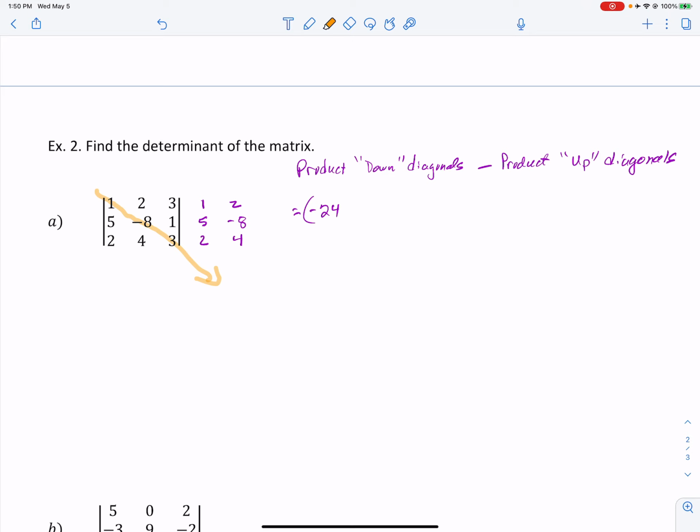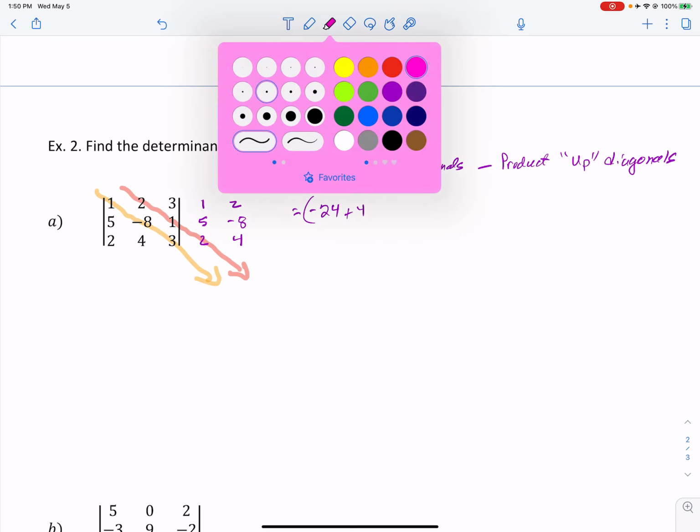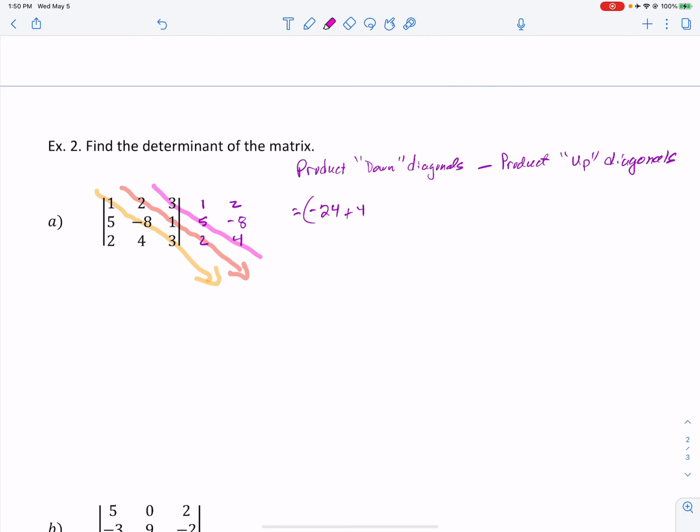Then we take the second down diagonal, the product of those 3 numbers, 2 times 1 times 2, which is 4, and add that. And then we take the product of that third set of diagonals with 3 numbers, 3 times 5 times 4, which is 60.